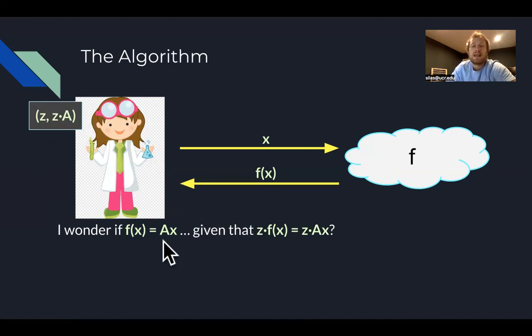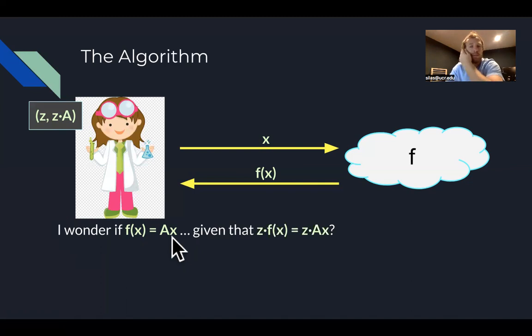Basically, f of x can't possibly equal A times x if Z inner-producted with f of x is not equal to Z inner-producted with Ax. So if we know one row of A, then we get one hint about whether f of x equals A of x or not.